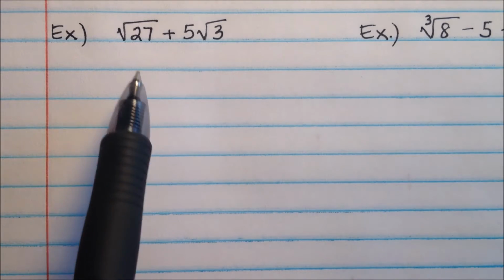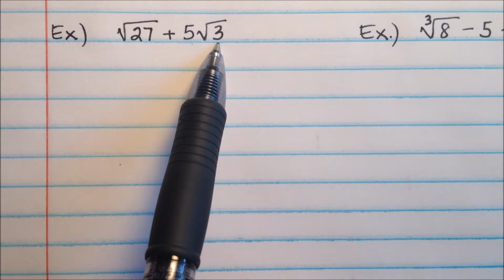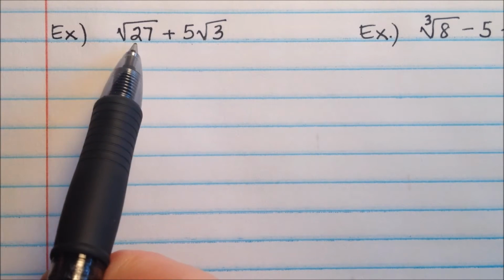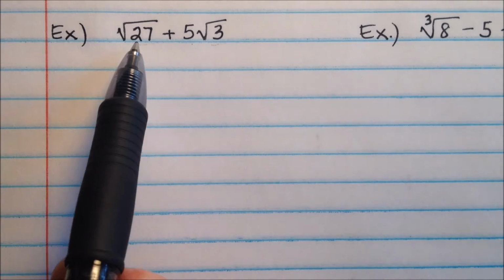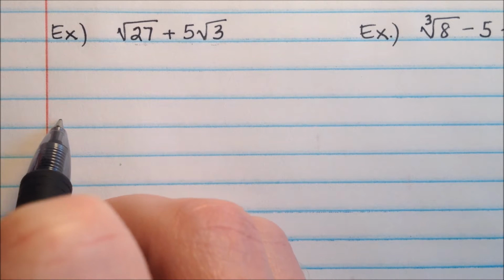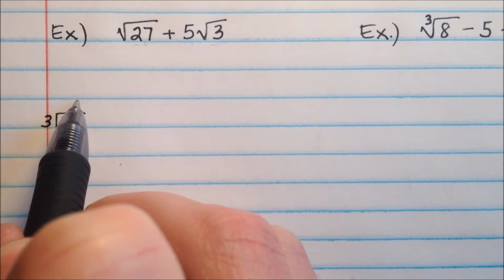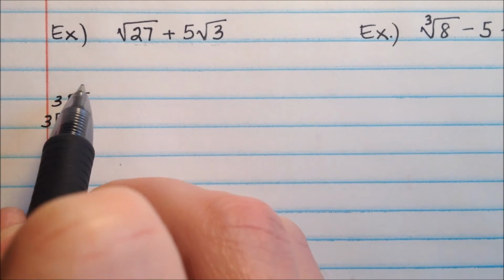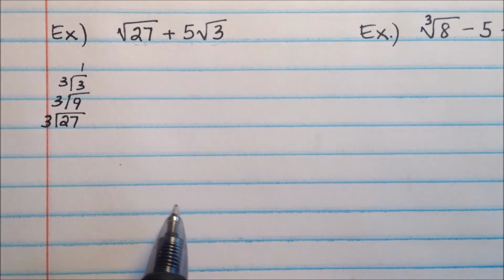In this next example, I have the square root of 27 plus 5 times the square root of 3. Okay, so I know that 27 and 3 are not like radical terms right now, but I bet I can simplify this square root of 27. So if I put my 27 over to the side here, and start to simplify it by dividing out prime numbers, I'm going to see that 27 is really 3 times 3 times 3.